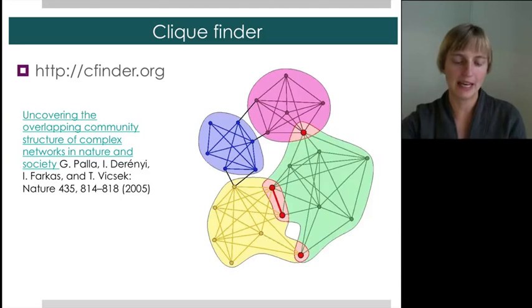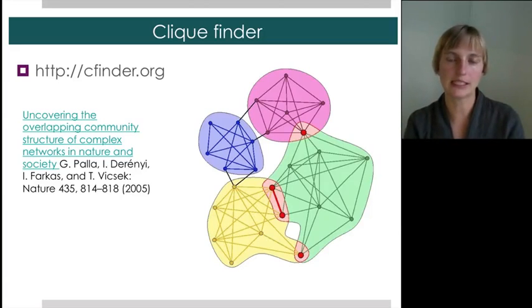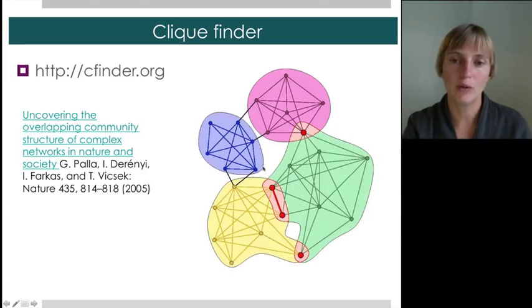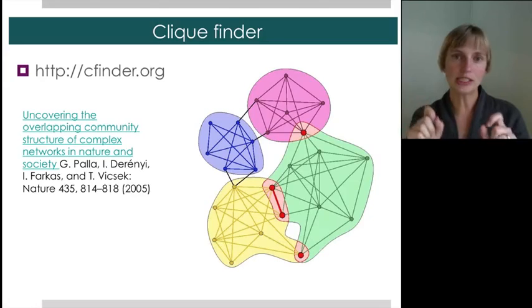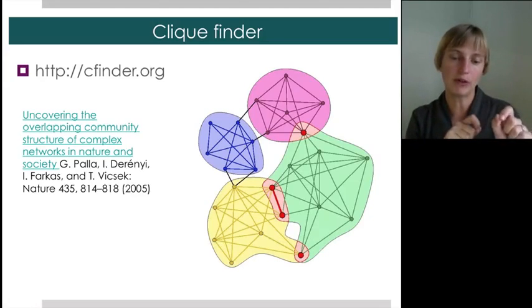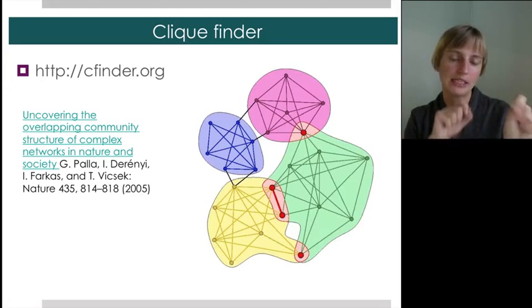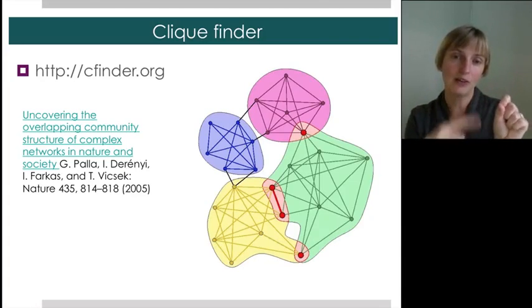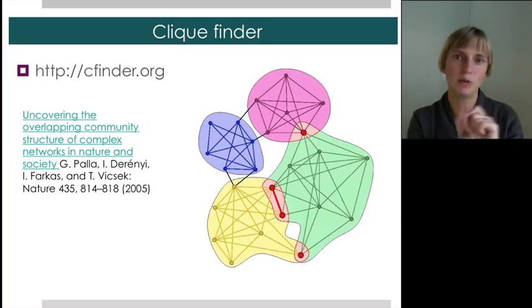You're going to see how many steps you can take when the rules are as follows. You're going to choose a certain size clique, say a 4-clique, that is 4 nodes who each have links to everyone else within the clique. And then at each step you can omit one of the nodes and add another one, as long as that step allows you to form another clique. And you keep doing that until you can't move any further.